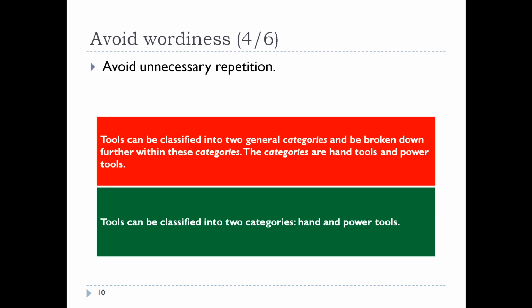So this way, you avoid unnecessary repetition. Now bear in mind, this is different than repeating the keywords or the main idea at dominant positions. If you remember the example we looked at earlier, where we talked about contrast, then soft contrast and hard contrast, there we were repeating the term contrast.